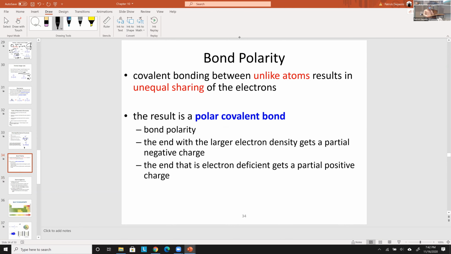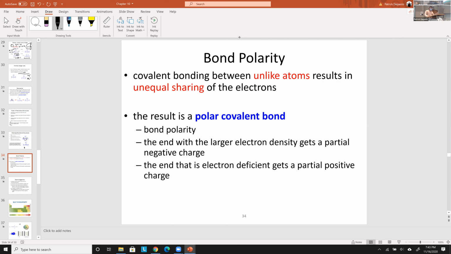And polarity means you have a big difference, not necessarily a tiny difference, but a bigger difference in the amount of pull that the atoms in the covalent bond have for electrons. So electronegativity is the factor that determines how much these atoms pull in electrons. And this results in a polar bond if you have a difference in these electronegativity numbers bonding together.